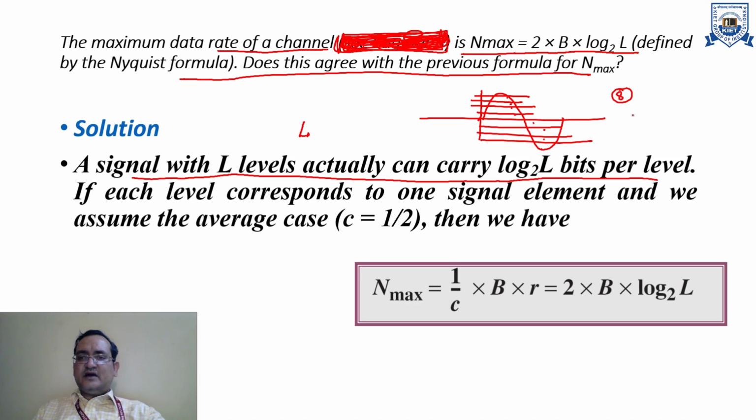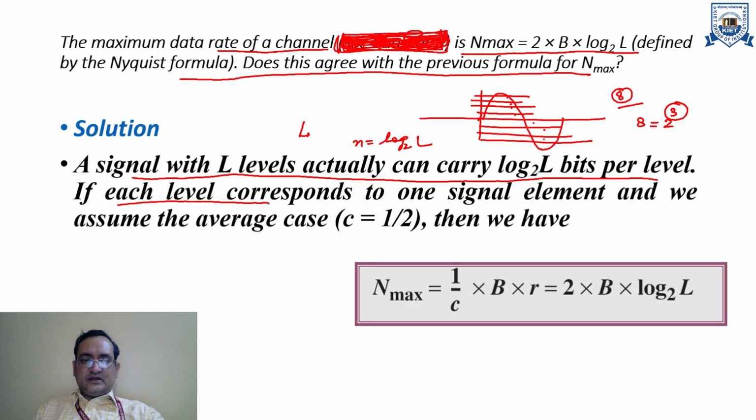Then how many bits are required? As L is equal to 2 to the power 3, a minimum of 3 bits is required to transmit these levels. So the required number of bits is calculated as log base 2 of L.